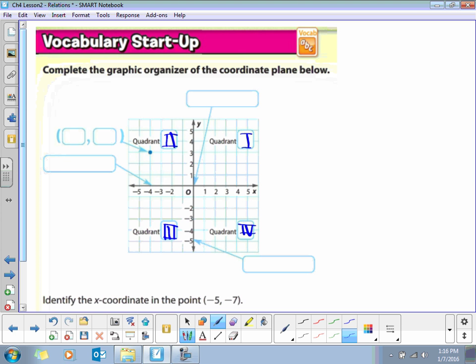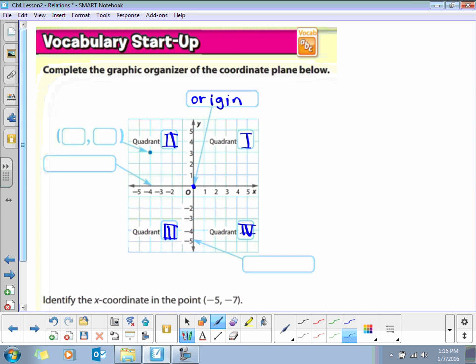Okay? All right. So what's this point in the middle, right here? What's that called? 0, 0. Start with an O. Origin. Very good. That's the origin. And what about these two crossbars, these lines here?